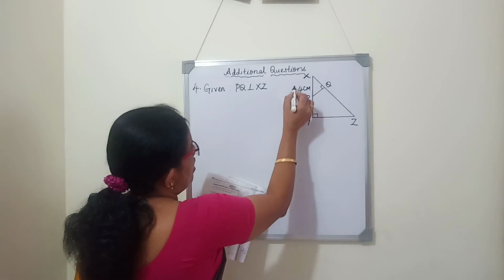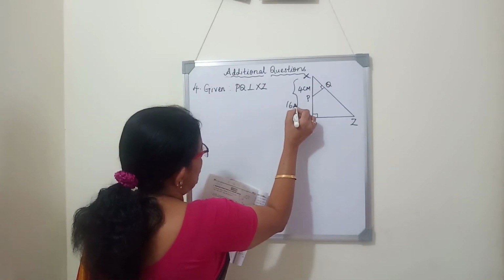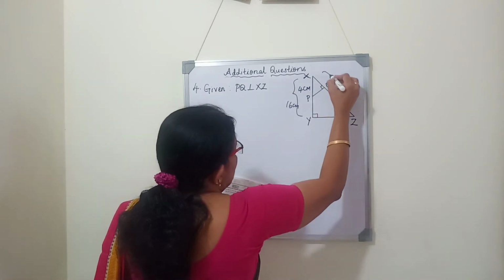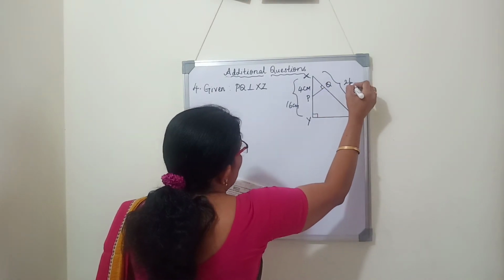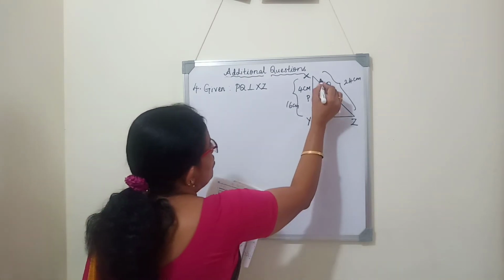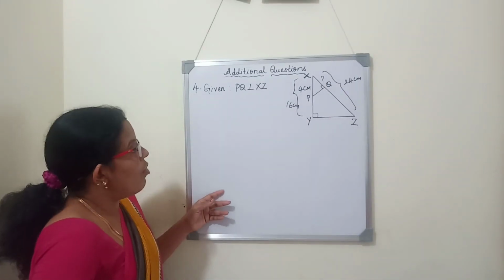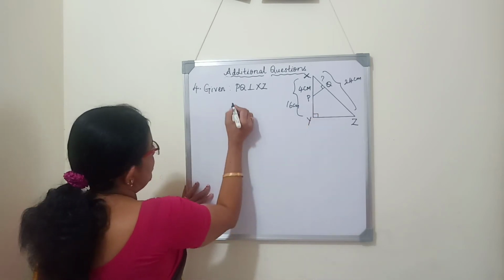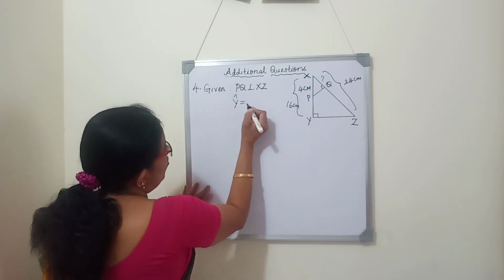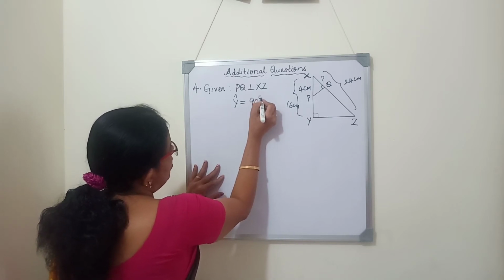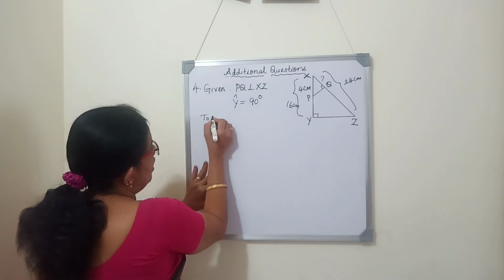XY, the whole side, is 16 cm. XZ is 24 cm. We have to find XQ. Already it is given in the diagram that in triangle XYZ, Y is 90 degrees. So we will write that also: triangle XYZ is a right angle triangle. We have to find XQ.